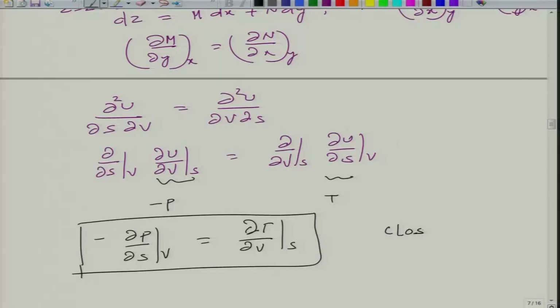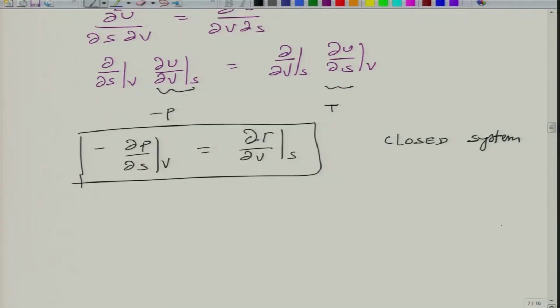In this case we have considered a closed system. If it is an open system, we are just going to add n in this set of constants. The relation still remains the same.